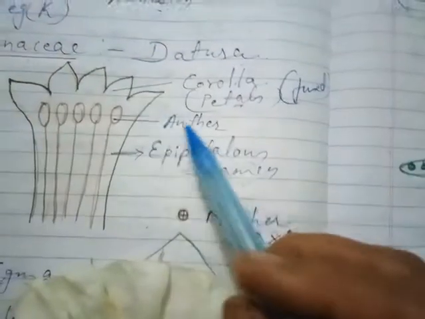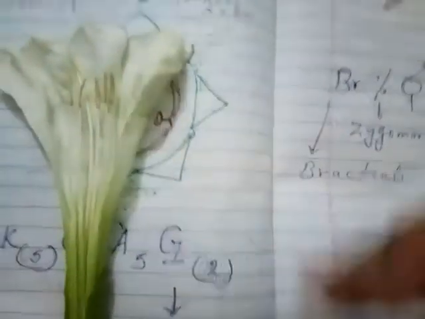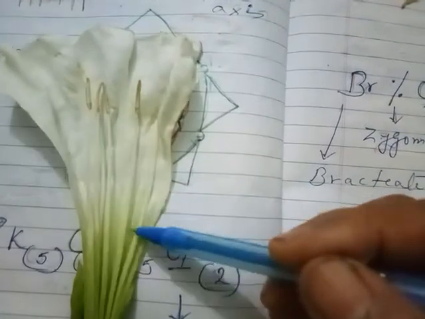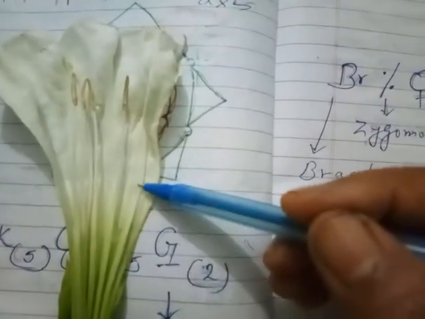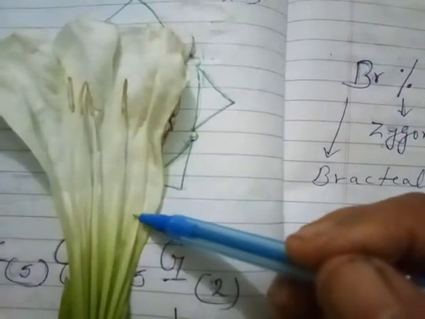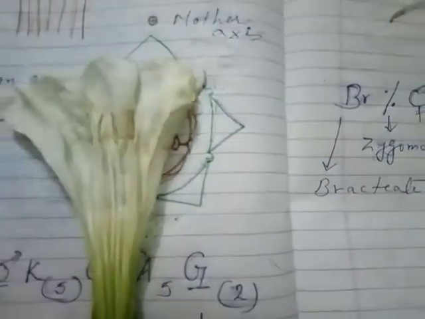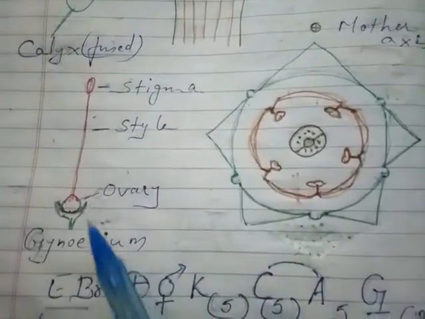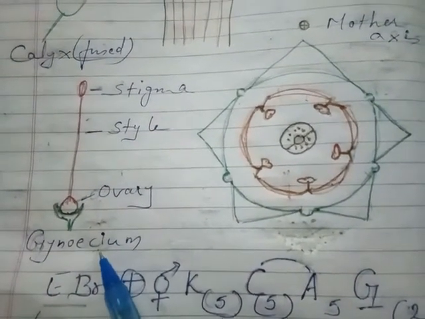Then these are the anther and epipetalous stamen. Epipetalous stamens are fused with the corolla, that is, stamens are on the petals, so it is called epipetalous. Then stigma, style and ovary are the three parts of the gynoecium.